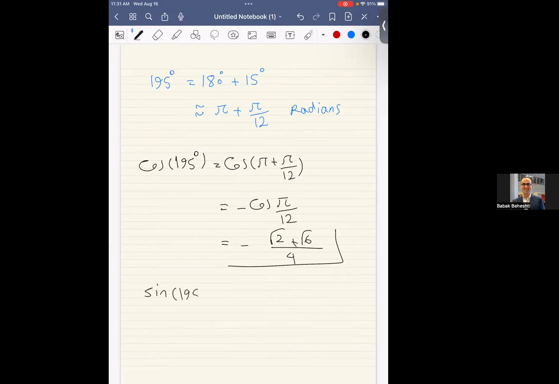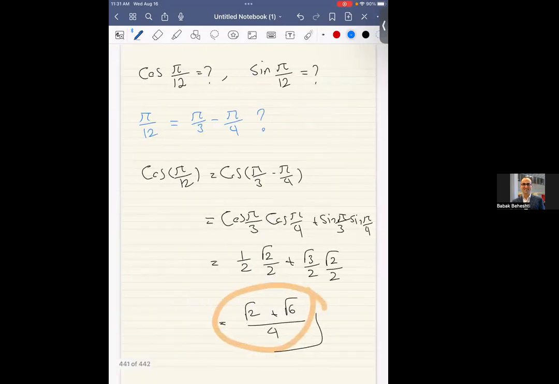Sine of 195 is equal to sine of pi plus pi over 12. But this is equal to minus, again, sine of pi over 12. Why is it minus sine? Because it's in the third quadrant. In the third quadrant, both cosine and sine are negative. But you have to compute sine of pi over 12. How to compute sine of pi over 12? You do the same trick.